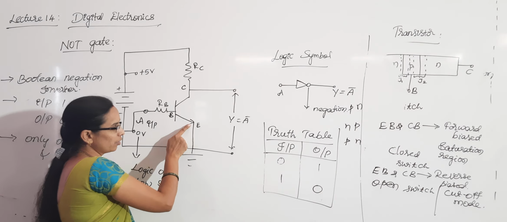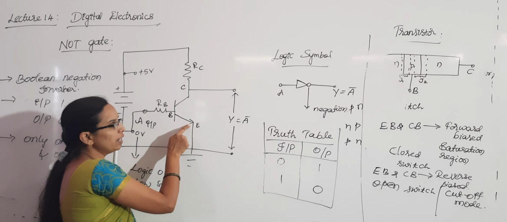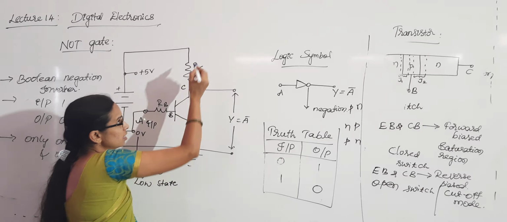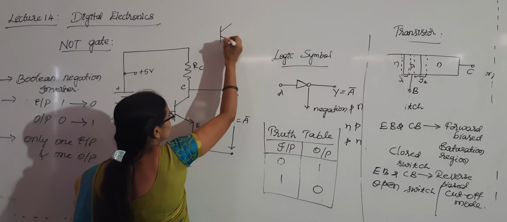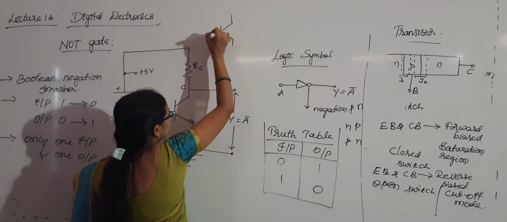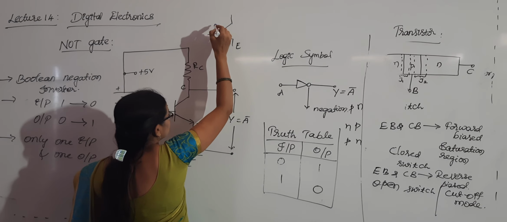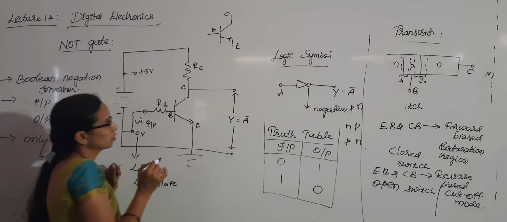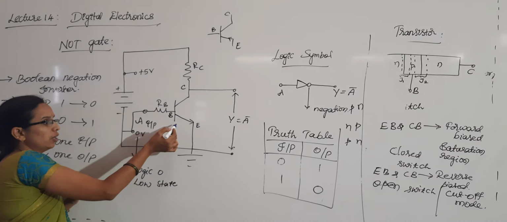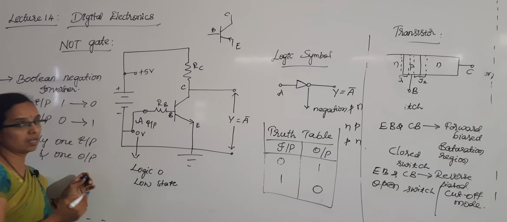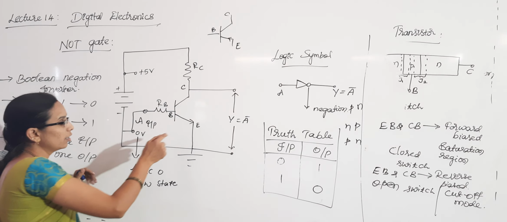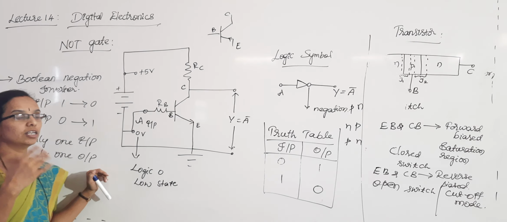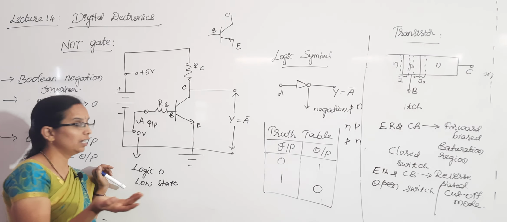If you have a doubt about the arrow mark, for an NPN transistor the arrow mark will be like this, and for PNP transistors the arrow mark will be like this. Now we are using an NPN transistor. Conventional current always flows opposite to the flow of electrons.